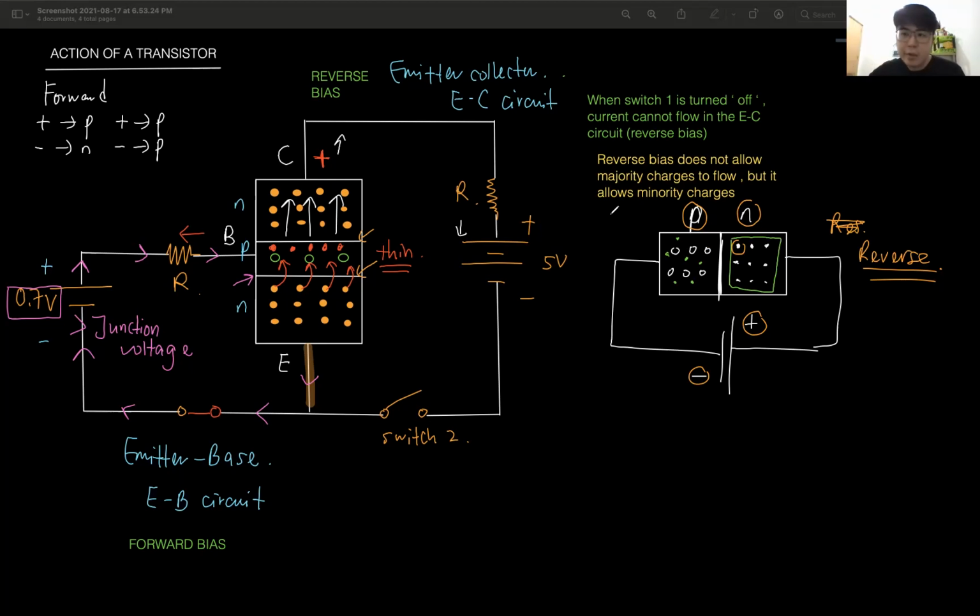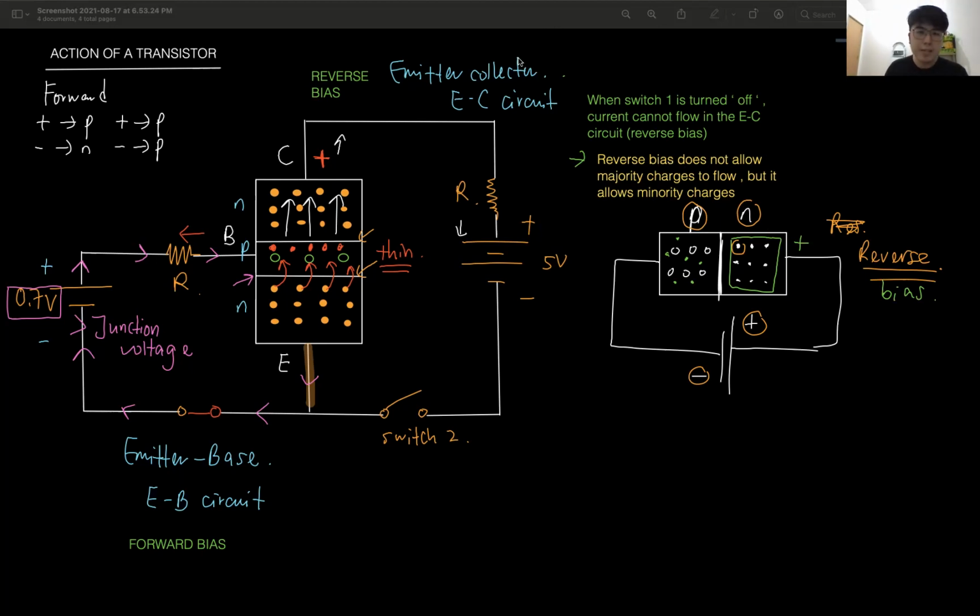The majority cannot cross because this positive is attracting it. But the minority can come because it is attracting it to the right side as well. So reverse bias is attracting minority charges to cross. That's why I said here, reverse bias does not allow majority charges, but it allows minority charges.